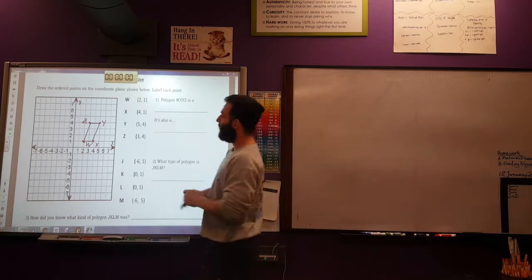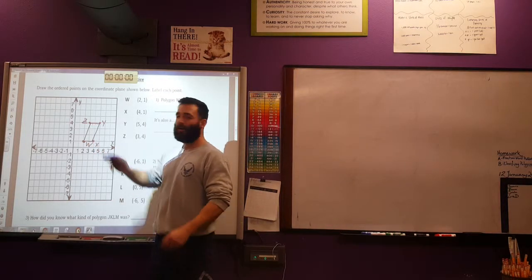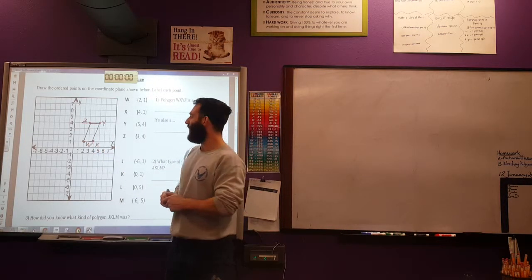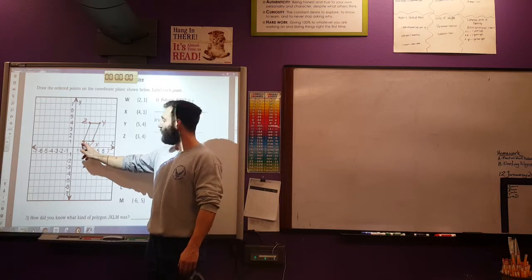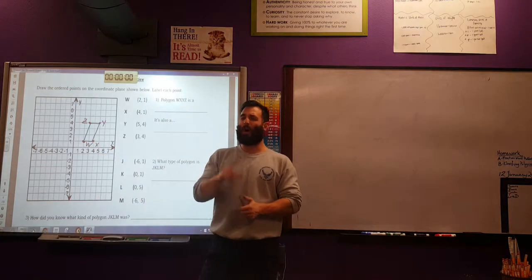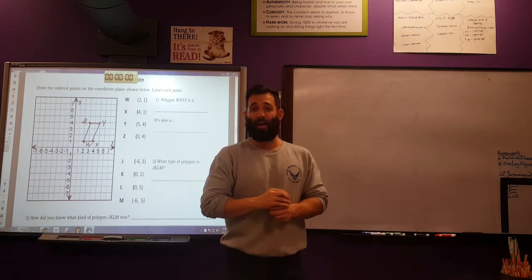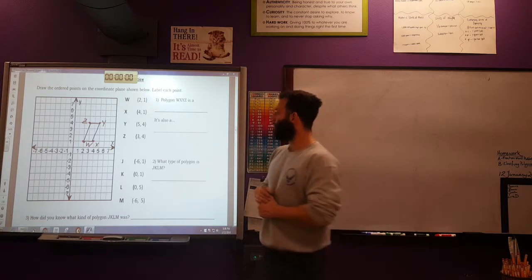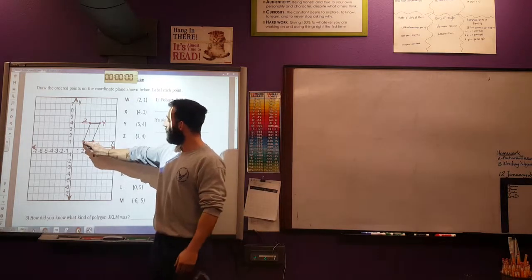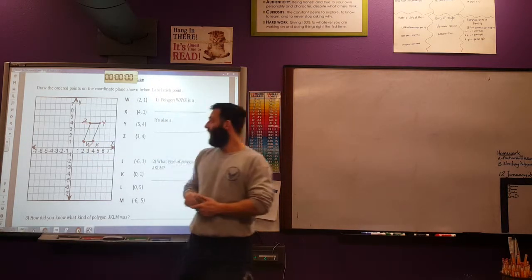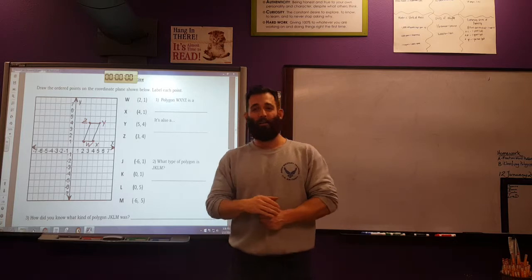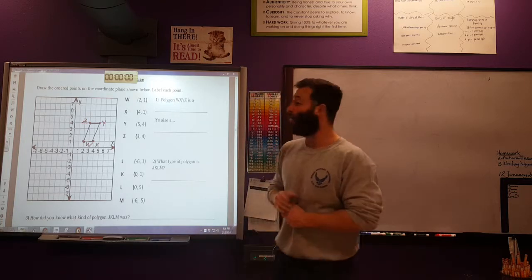First thing I notice is that ZY, line segment ZY, is the same length as line segment WX. So I know that I have at least one set of sides that is equal in length and parallel. The other thing I notice is that line segment WZ and line segment XY are also the same length. They're also parallel.